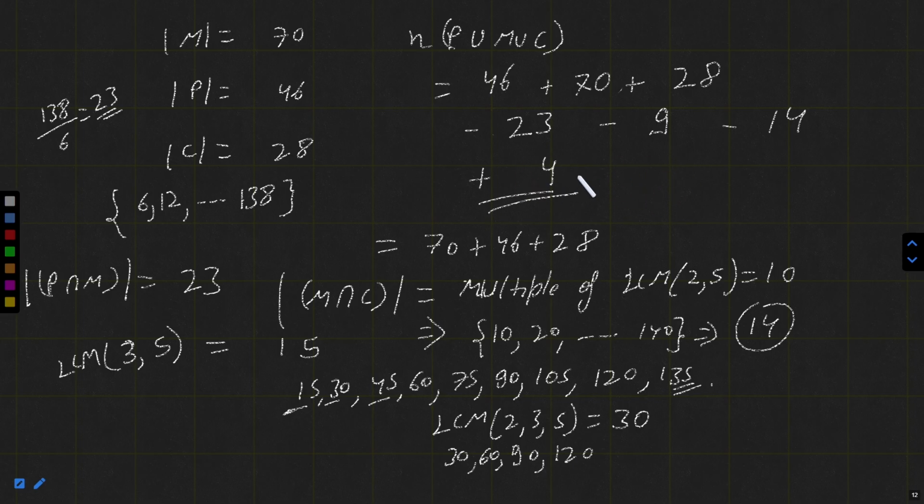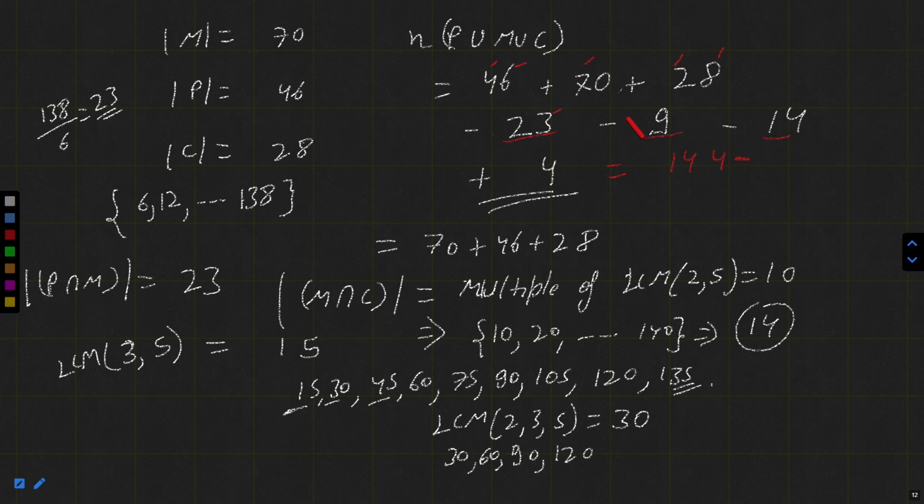Easy. Now add all. So 46 plus 70 plus 28 is 144. Now for these, what will it be?